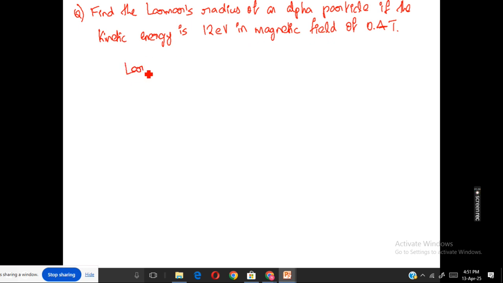So Larmor radius is the radius of gyration.